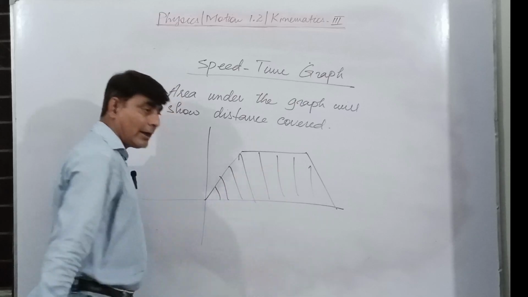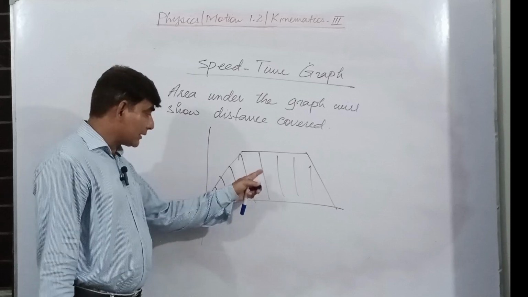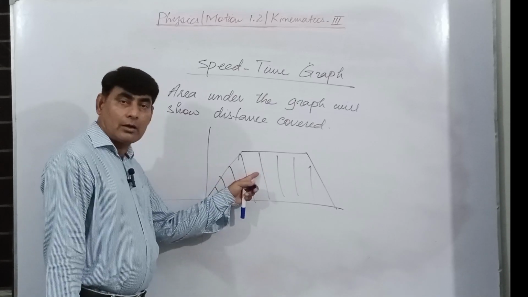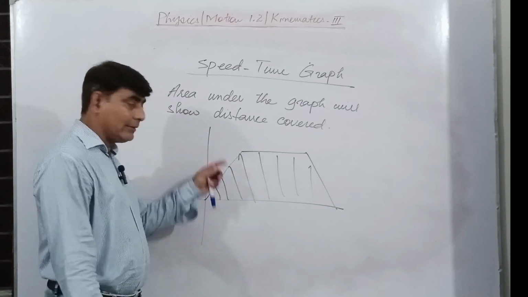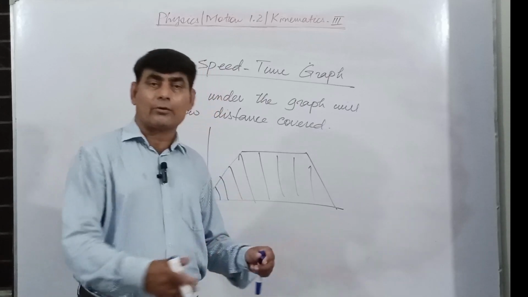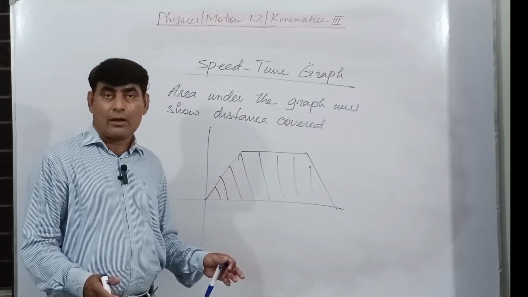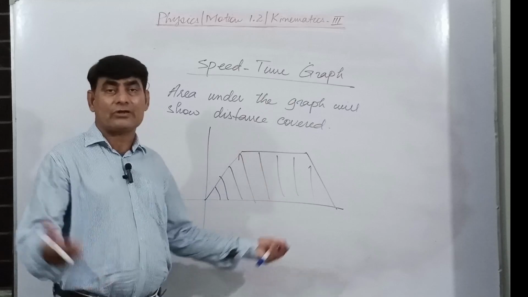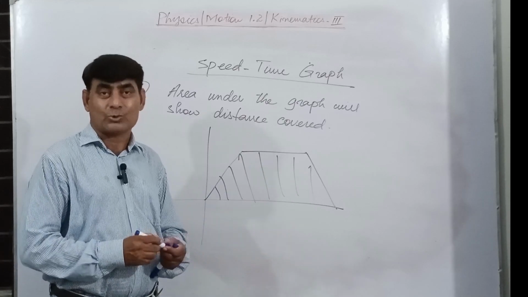We can find the area under the curve, for example if the shape is a trapezium. Sometimes it is triangular, sometimes rectangular, or a combination of triangle, rectangle and trapezium, so we must use different formulas.